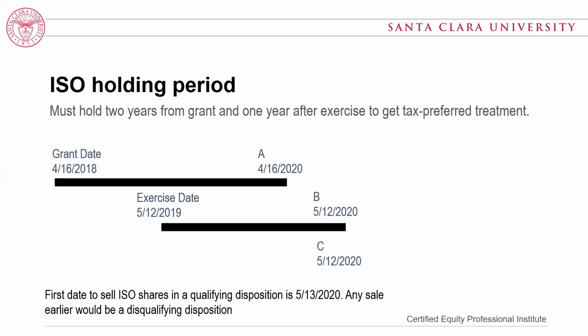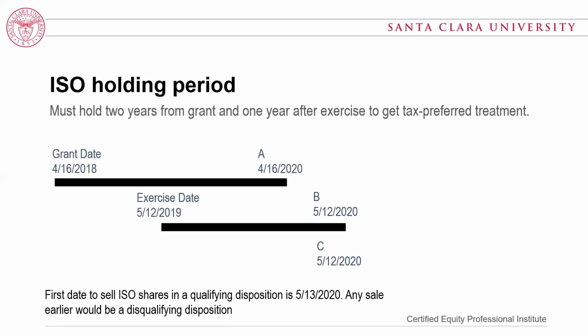And add 1 day, because selling on the 1-year date will result in a disqualifying disposition after the employee did all that waiting. If both holding periods are met, the sale of shares is considered a qualifying disposition.